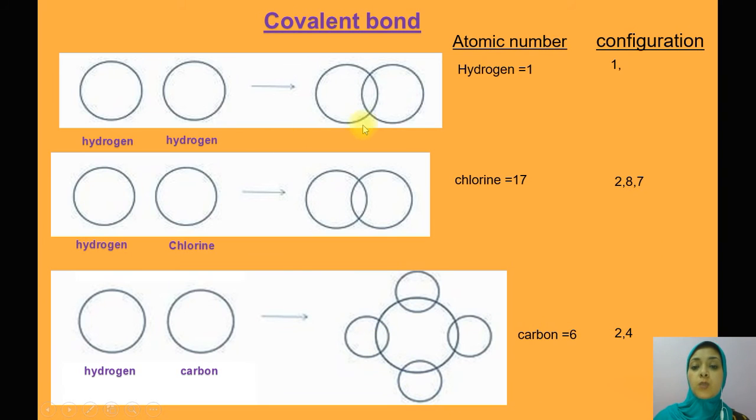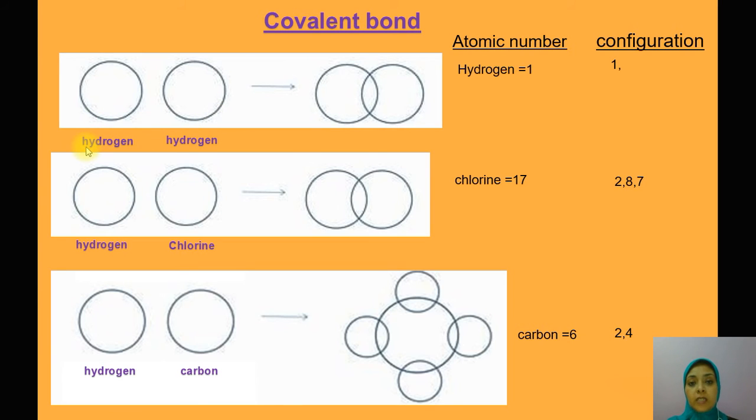Okay, next we have the covalent compound. How can we form a covalent compound? If we have hydrogen with hydrogen, two of the same kind. To form the covalent bond, we have two of the same nonmetals.